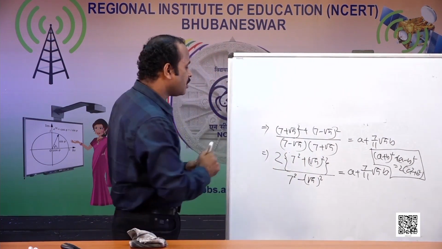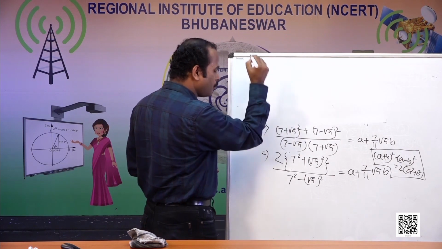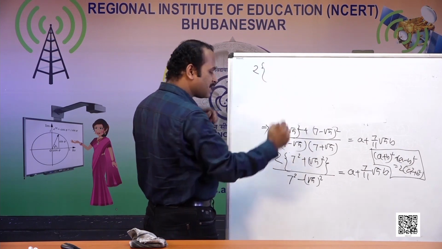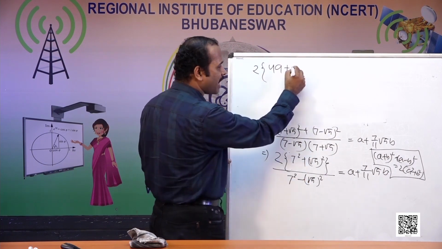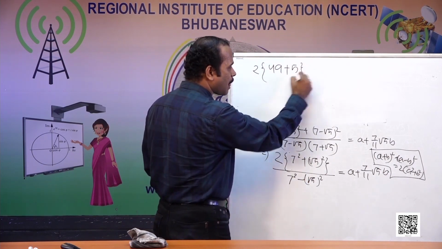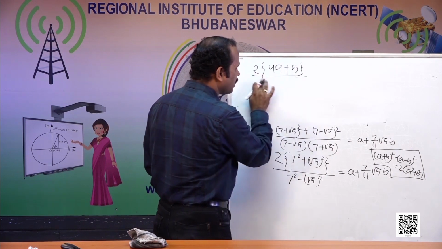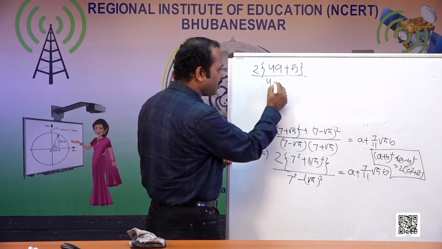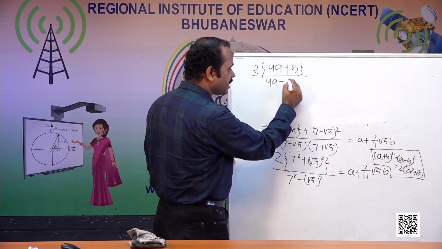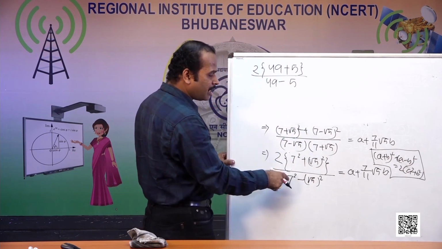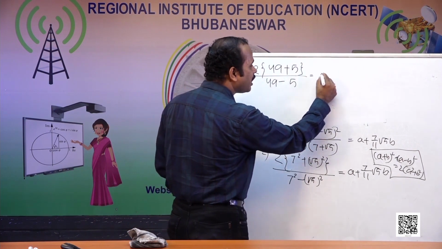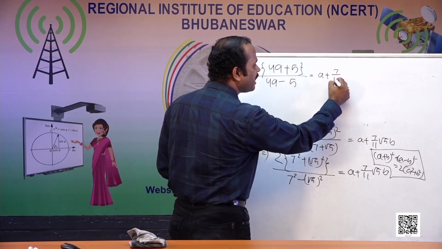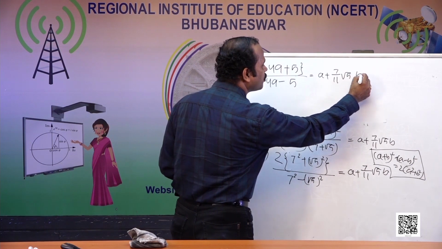Now we will find this part, we have 2 whole into 7 square is 49 plus root 5 square is 5, divided by the denominator, 7 square is 49 minus 5. So 49 minus 5 is equal to a plus 7 by 11 root 5 into b.